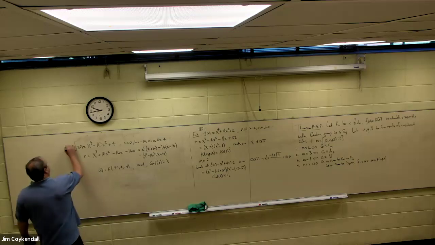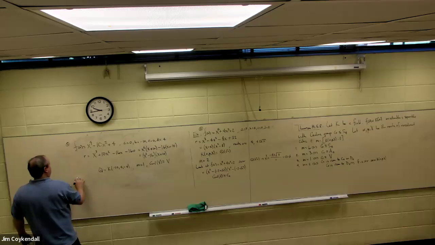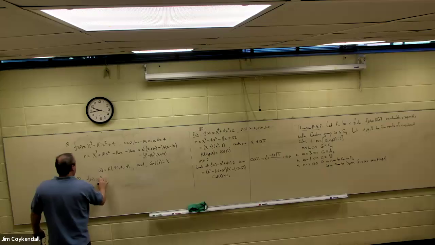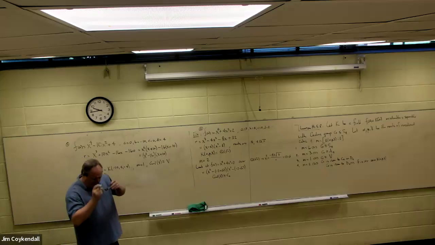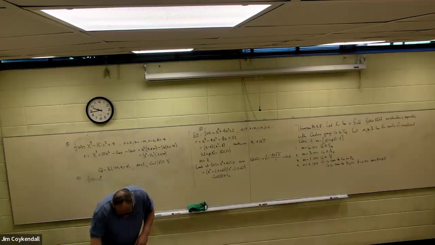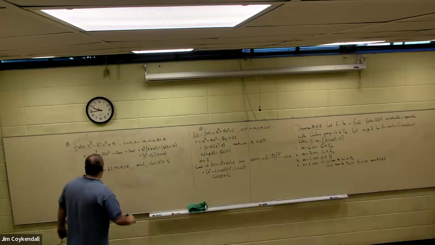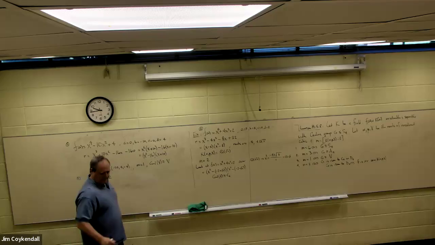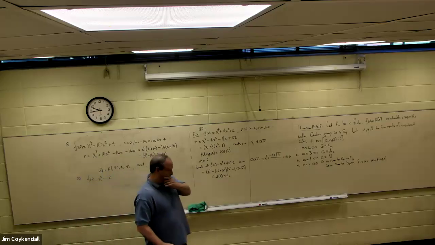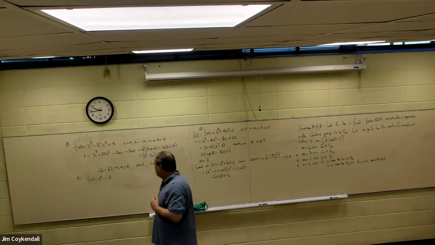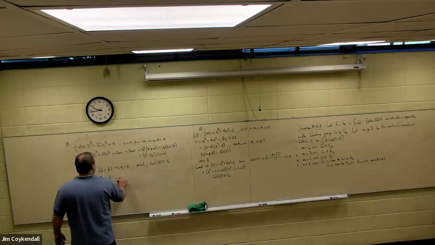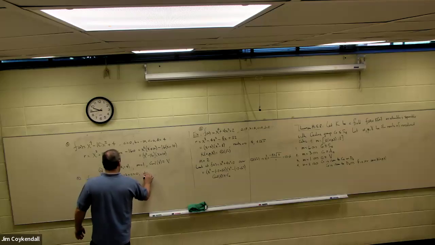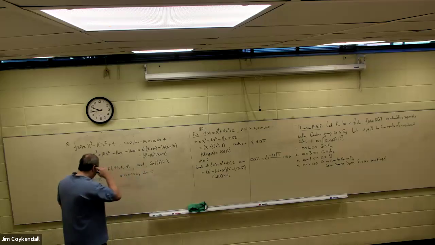Finally, let's look at f of x equals x to the 4th minus 2. In this case, A equals B equals C equals 0 and D equals minus 2.